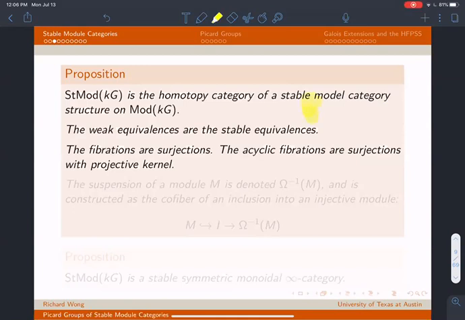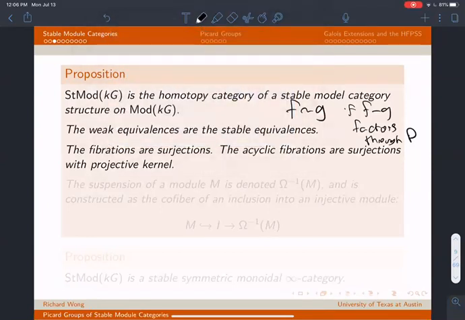So f is weakly equivalent to g if f minus g factors through a projective. And the fibrations are the surjections. You should think of this as projective replacement or cofibrant replacement.